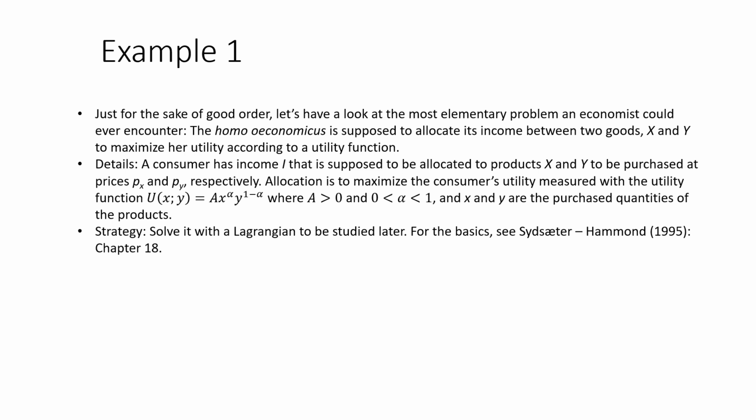And we will solve this problem with the standard Lagrangian method. It might be familiar to you. We will go over the basic steps of the method in turn. If you want a written source, please use chapter 18 of the Sydsaeter-Hammond textbook. So let's solve the problem very quickly.